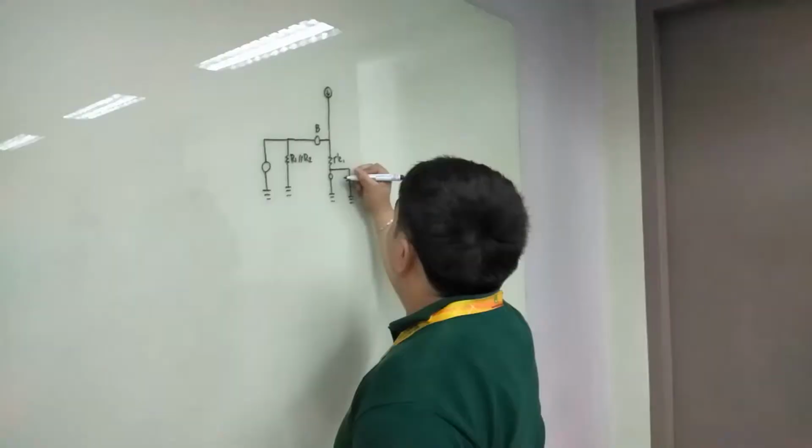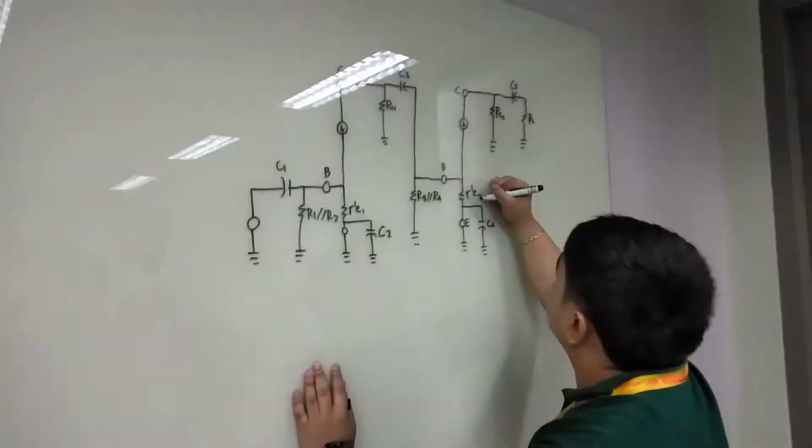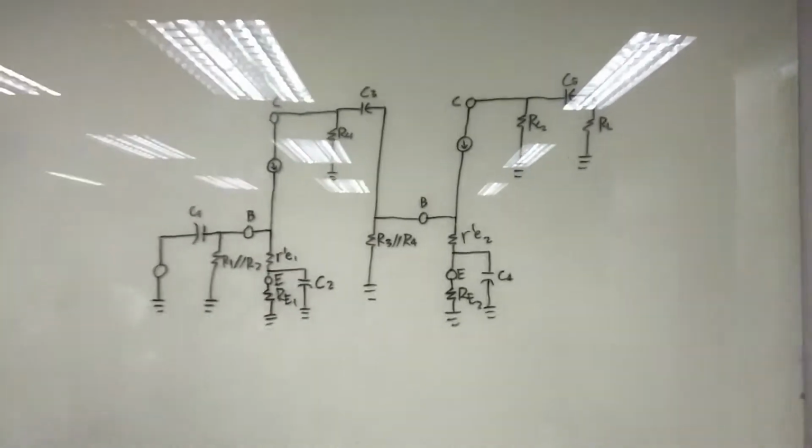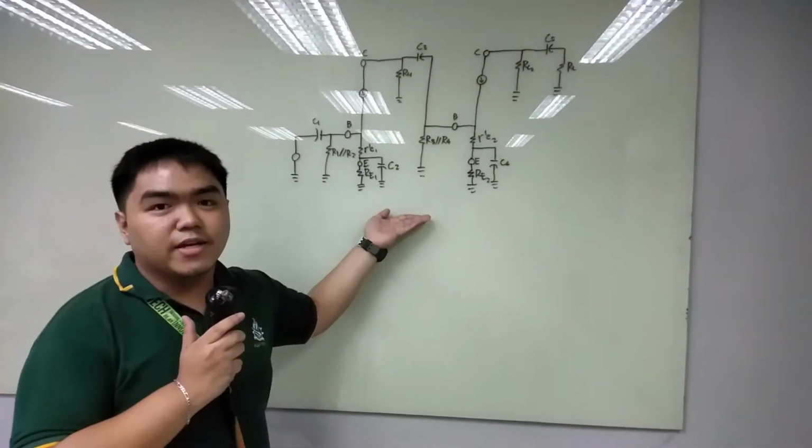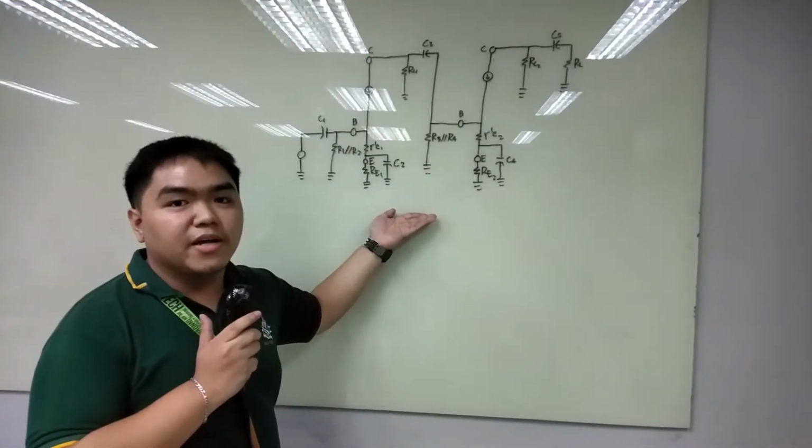For the AC analysis part, I will first draw the figure for the multi-stage CE amplifier. So, this is the AC equivalent circuit for the multi-stage CE amplifier.